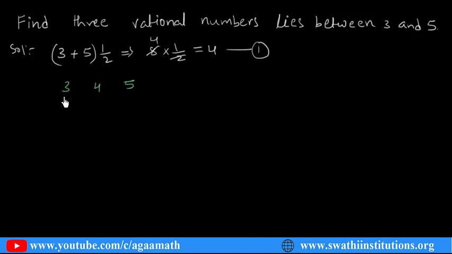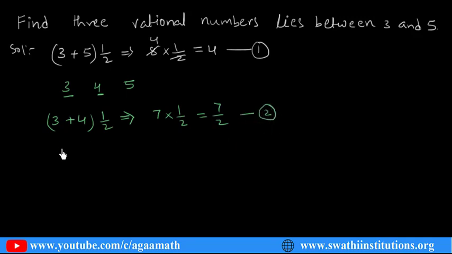Now I consider these two, 3 and 4. 3 plus 4 of 1 by 2. So it is 7 of 1 by 2, so it is 7 by 2. Now this is a second rational number, right?